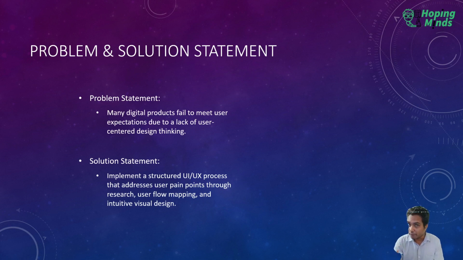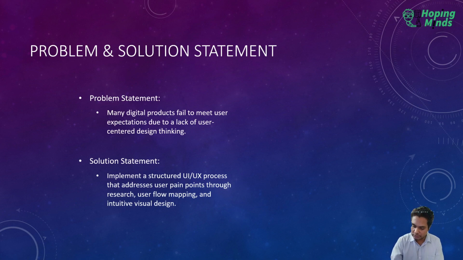So that's a problem. You need to identify what problems users are facing, and then comes the solution statement. Once you identify all the problems within the application, if it's an old application, you would come up with a solution.